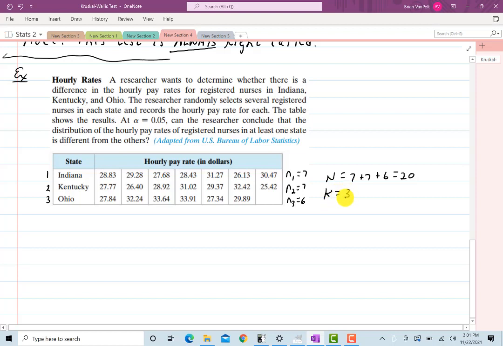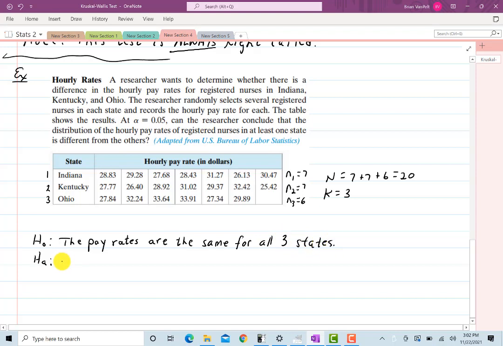So first, let me get my H sub 0 and my H sub A out of the way. My H sub 0 says that the pay rates are the same for all 3 states.